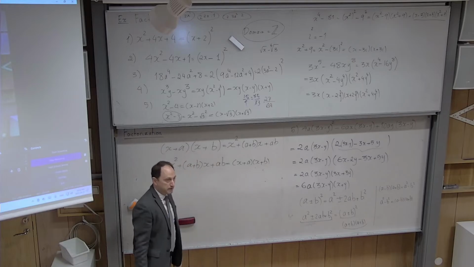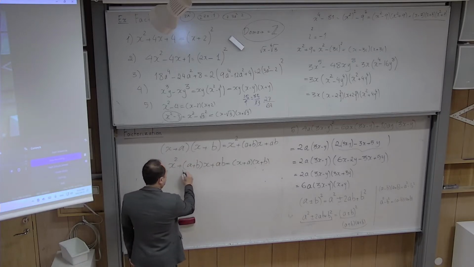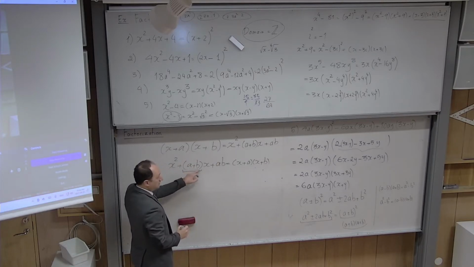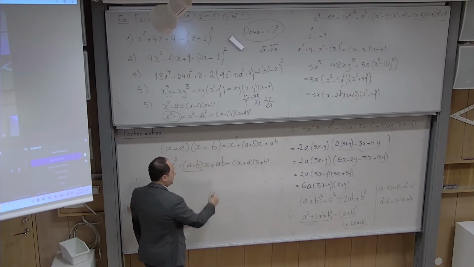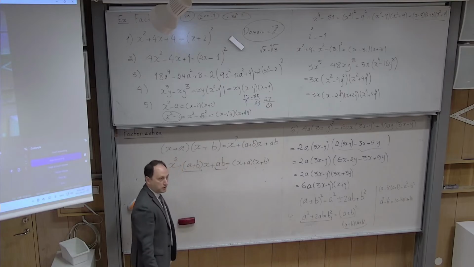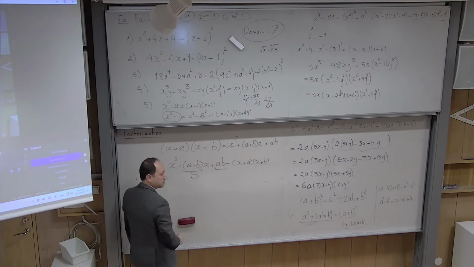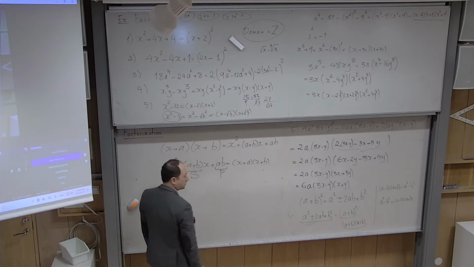Now you see that whatever you see here is the sum of the uncommon terms, and what you see here is the product. So let me call it S, and let me call it P, the product.